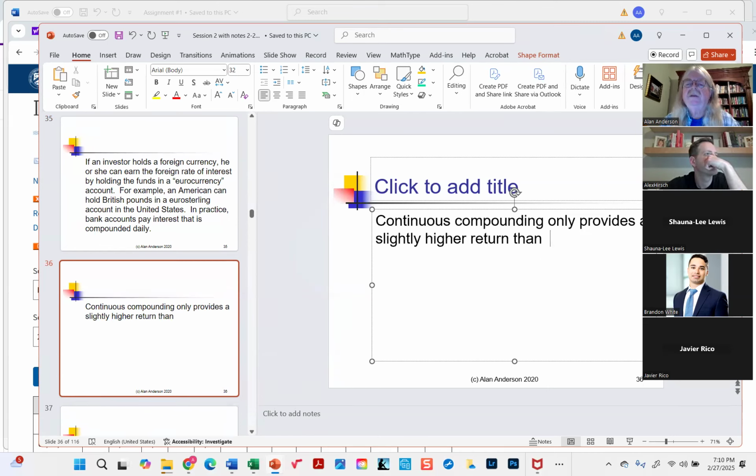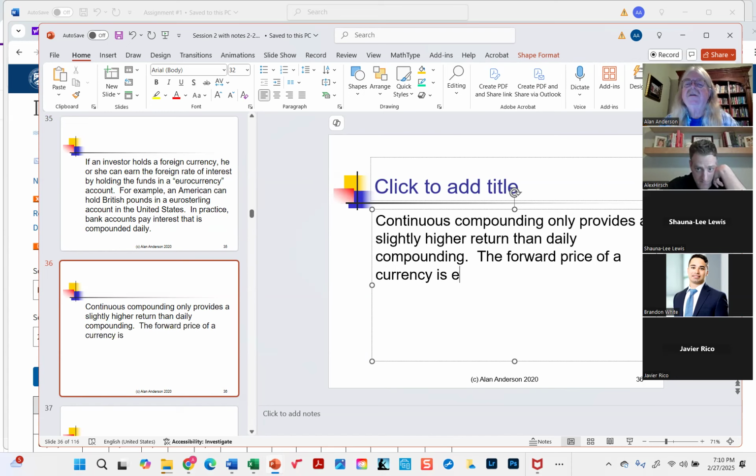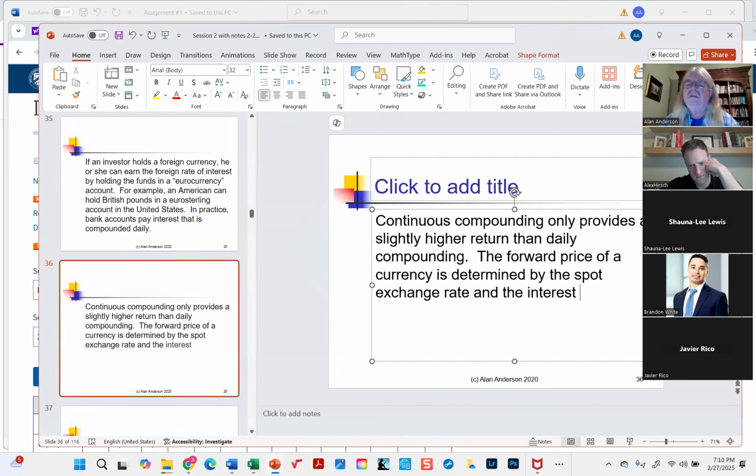Than daily compounding. So what that means is that the forward price of a currency is determined by the spot exchange rate and the interest rates, actually the risk-free rates of interest, in the two countries.